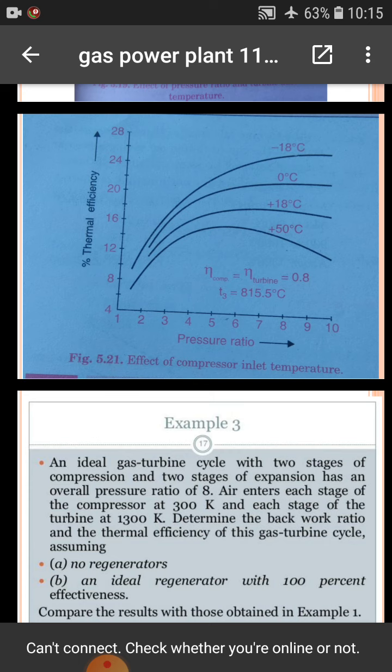Determine the back work ratio and thermal efficiency of this gas turbine cycle assuming A. no regenerator, B. an ideal regenerator with 100% effectiveness. Compare the results with those obtained in example 1.